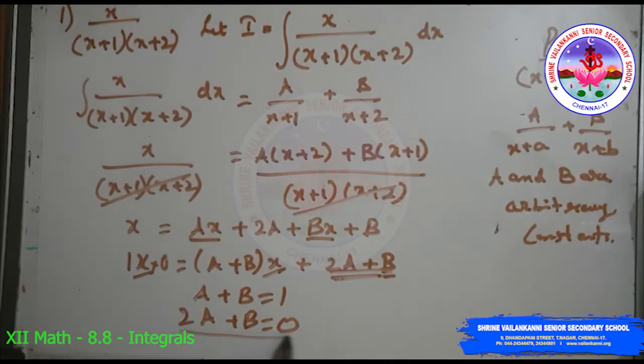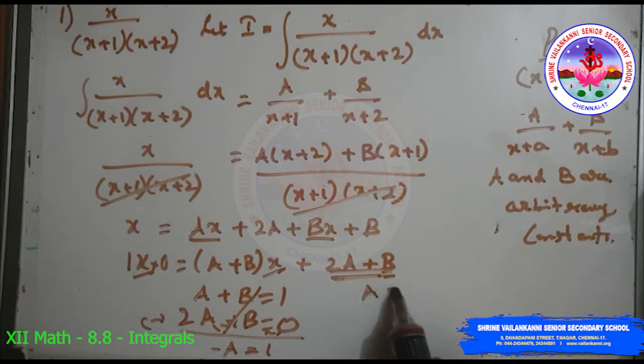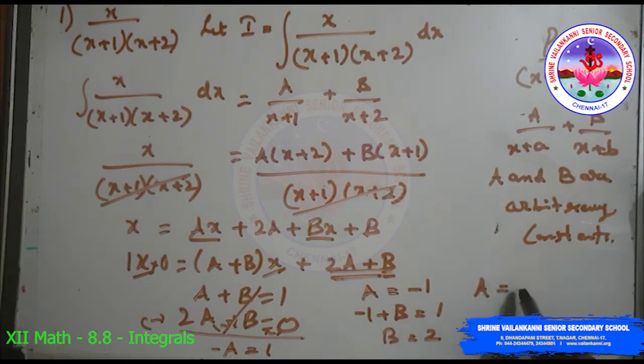Solving these two equations, changing the sign, b will get cancelled, so minus a is equal to 1, that is a equal to minus 1. Now we have to find the value of b, substituting a in the first equation, so minus 1 plus b is equal to 1, so b equal to 2. So we get the constants value a equal to minus 1 and b equal to 2.